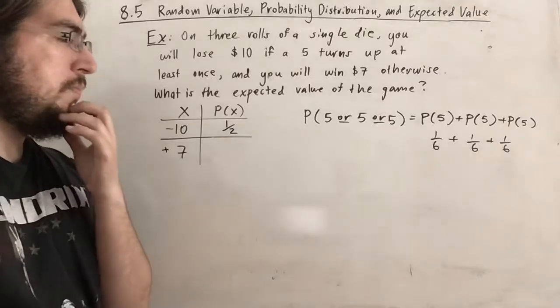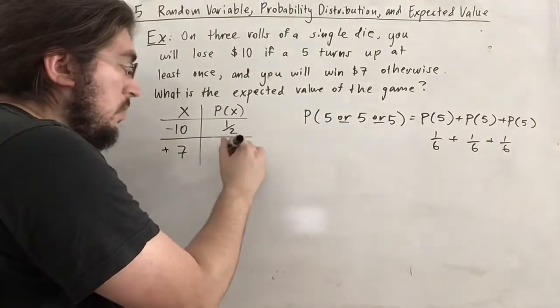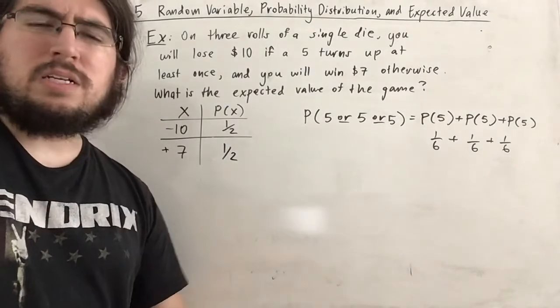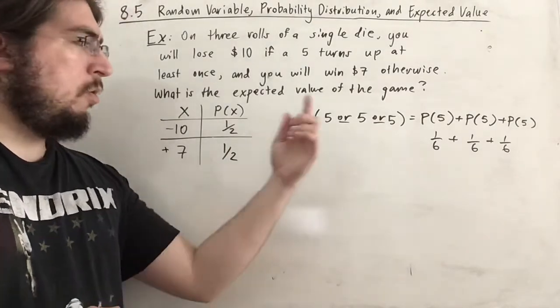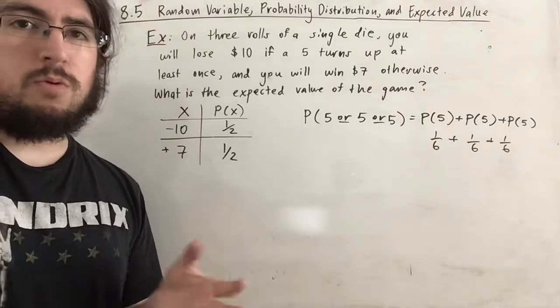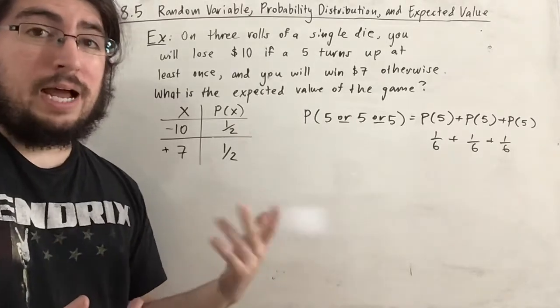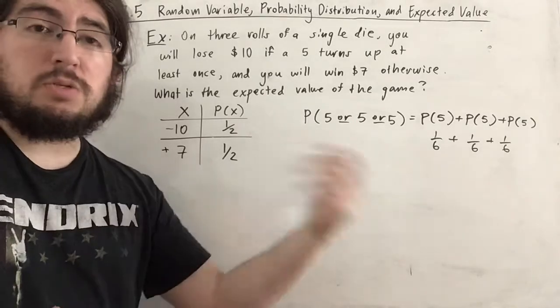So that means the probability of this not occurring, believe it or not, is also 1/2. Sounds a little strange because it seems like we're rolling one number, and if you don't roll that one number, then you would roll 5 other numbers. But this one number can have 3 chances to occur.